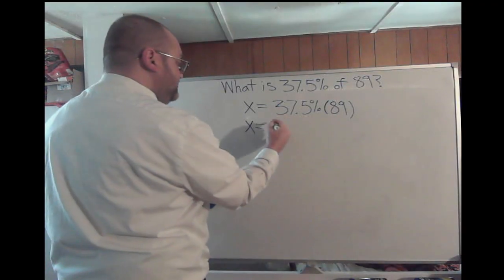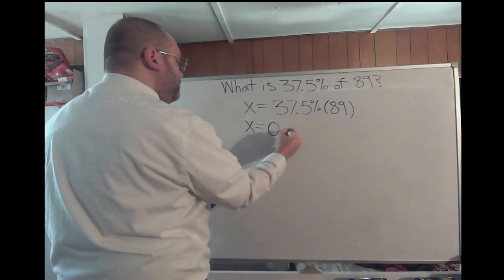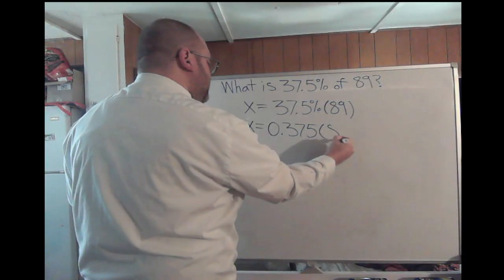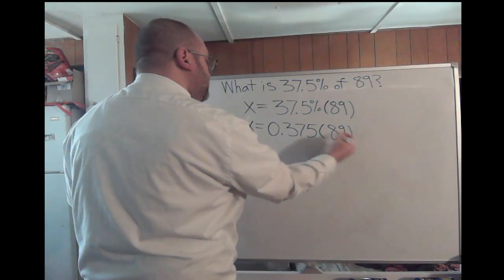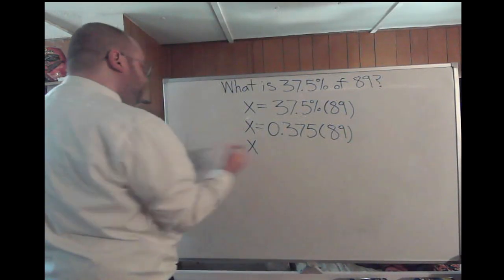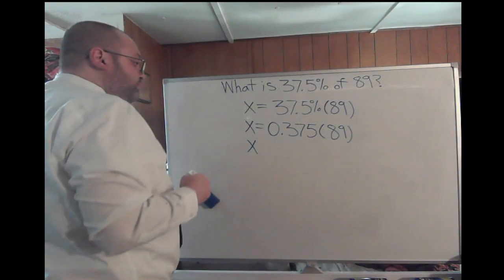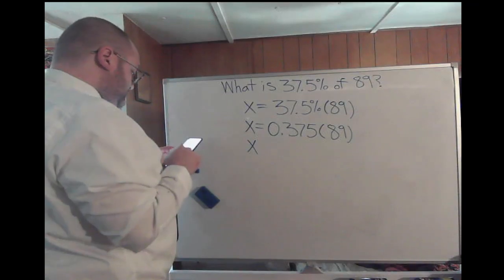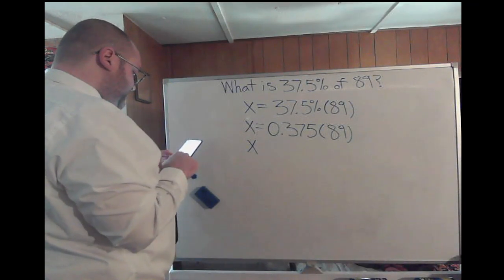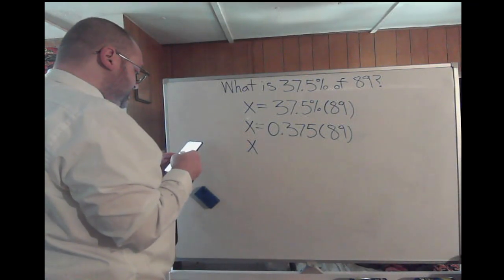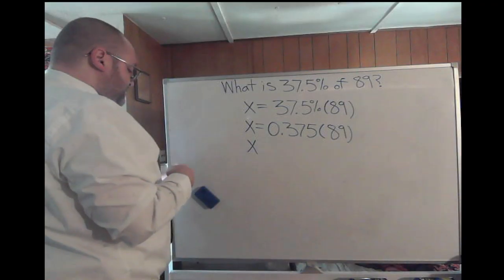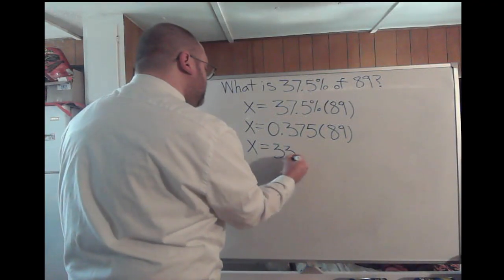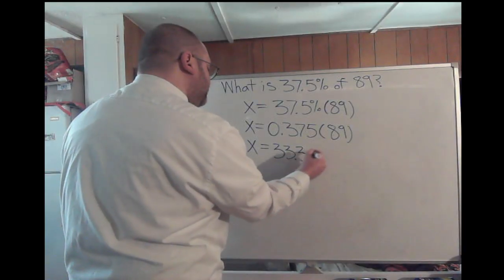Move it 2 places to the left and you get 0.375. You'll take that times 89. Now all you have to do is put this in the calculator. 0.375 times 89 is equal to 33.375.